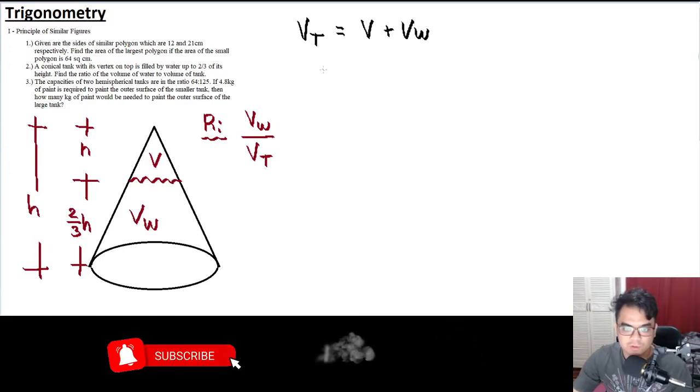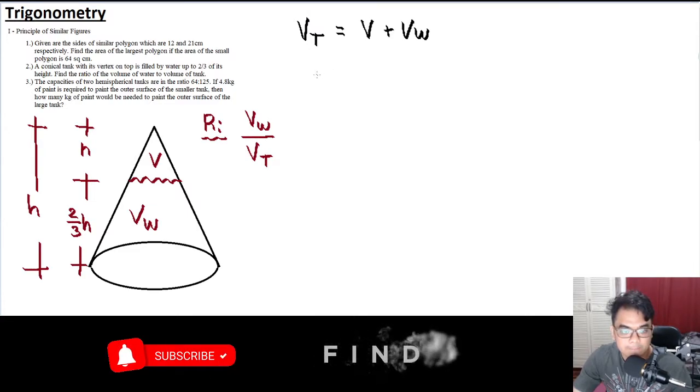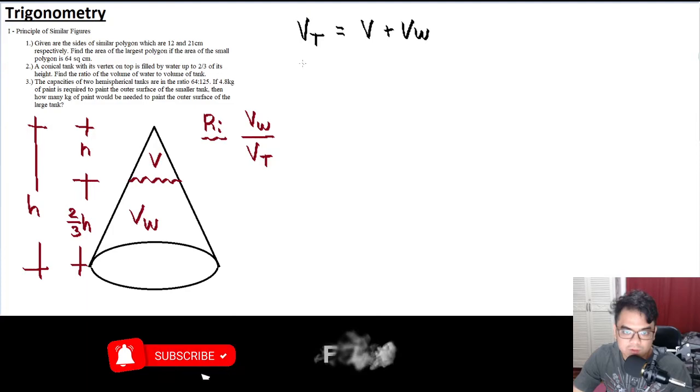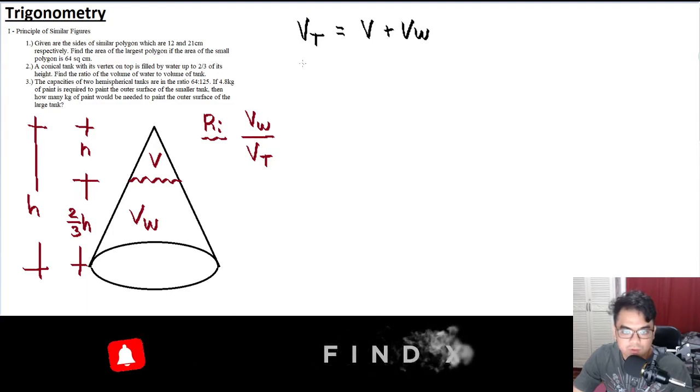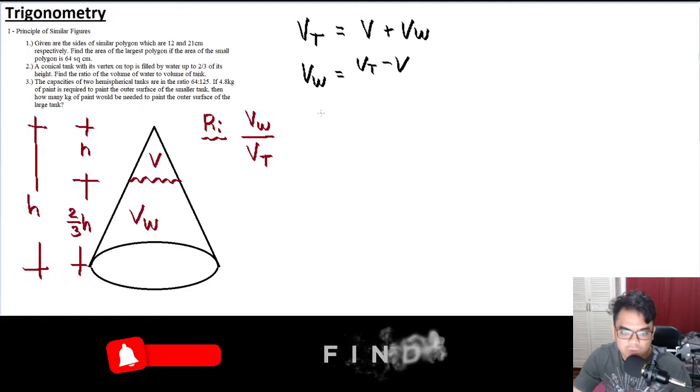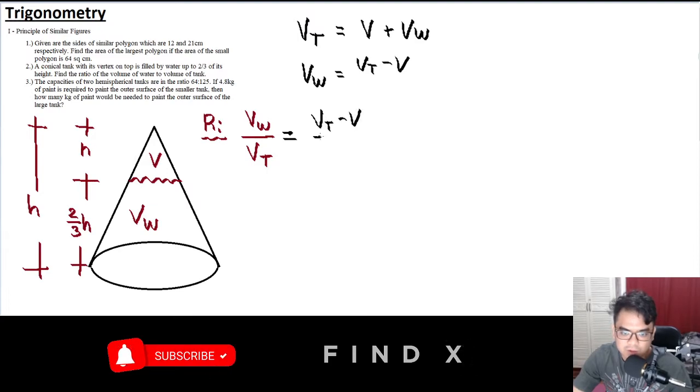Since we are looking for VW over VT, we can say that the volume of water will be equal to the volume of the tank minus V. Therefore VW over VT is VT minus V over VT.